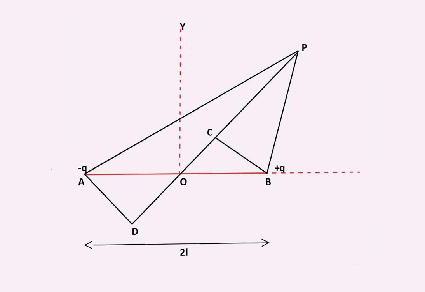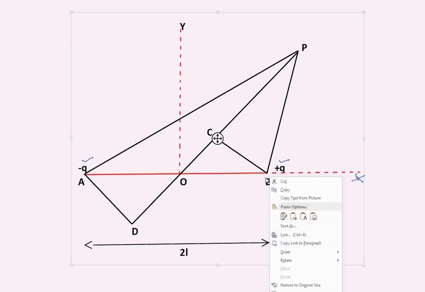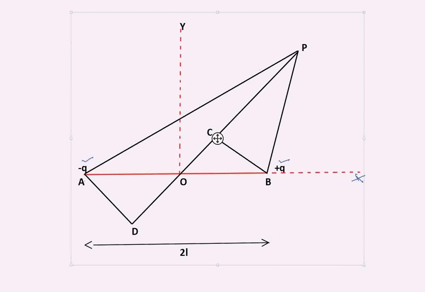Here AB is an electric dipole situated along the x-axis of the coordinate system. Here the minus q charge of the dipole is situated at A, the plus q charge of the dipole is situated at the point B, and O is the center of the dipole.